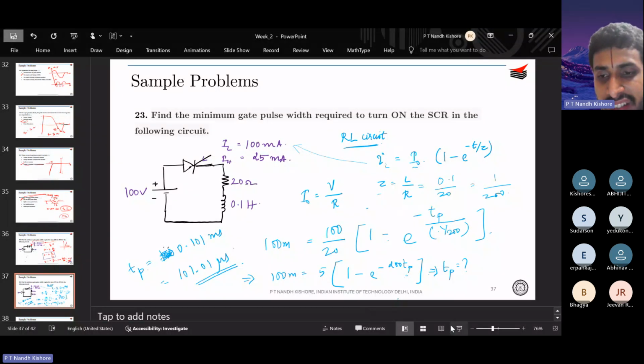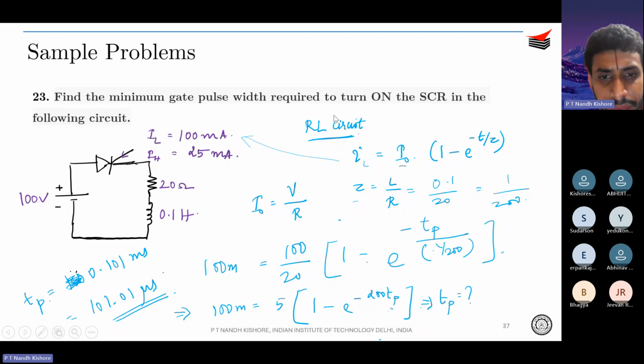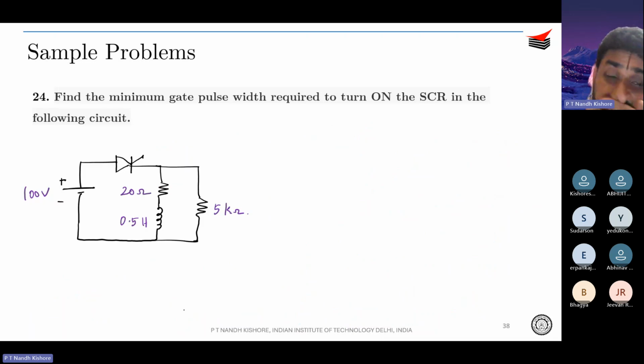We will go ahead with the next question. Same circuit. Find the minimum gate pulse width required to turn on the SCR in the following circuit. Just that now I am having a separate R branch and a separate RL branch. So we should be able to do this quickly enough.